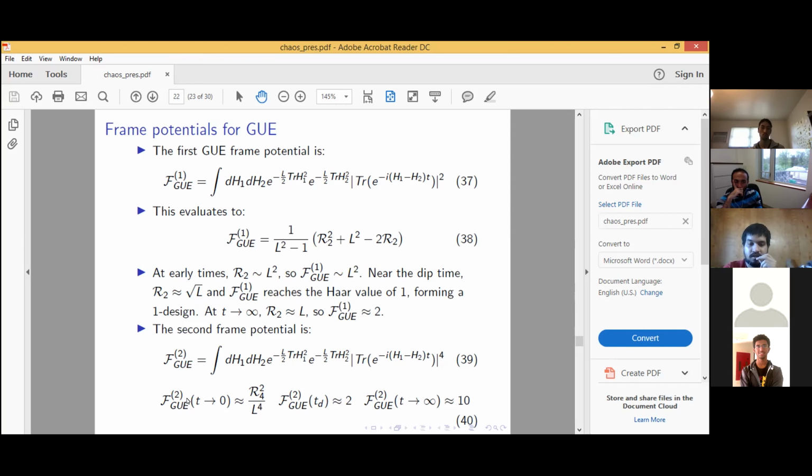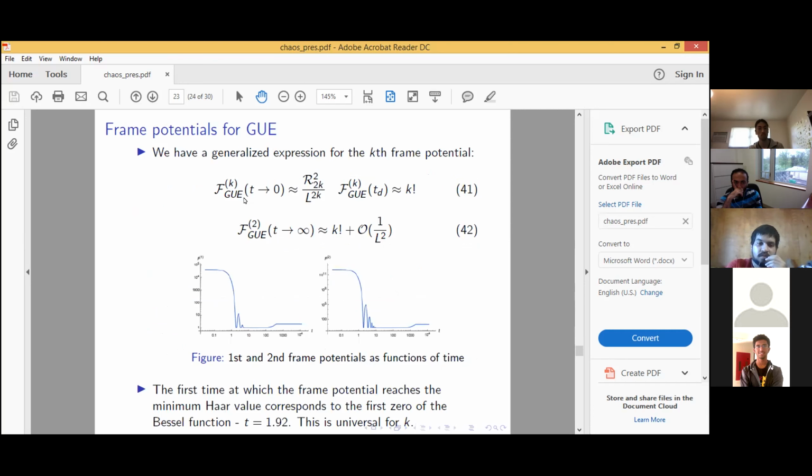So we can compute F2. F2 at time 0 looks like R4 square by L to the 4. At late times, it reaches a value of 10. And again, interestingly, at the dip time, F2 has a value of 2, which is again the Haar value. So it becomes a 2 design at this point.